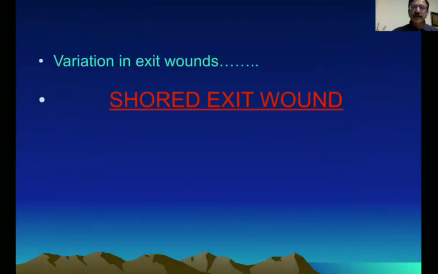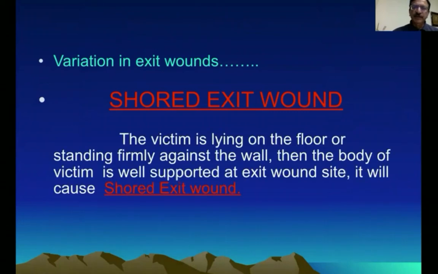Then shored exit wound. This phenomenon is shown when the victim is lying on the floor or standing firmly against the wall, that is, the hard surface, and the bullet will try to exit out.